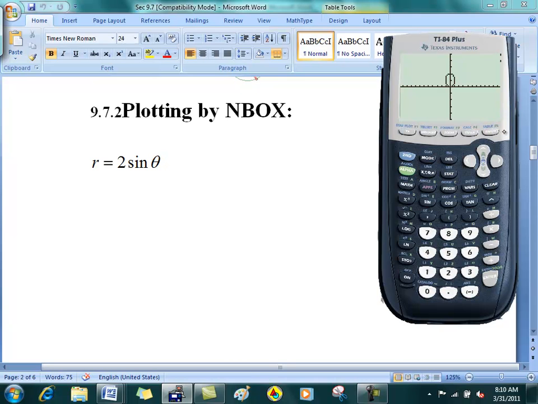It should really look more like a circle. When you set zoom square, then it has the x and y the same units, so then it starts looking like a circle. But anyway, the idea here is to teach you how to use the polar mode of the 84. Is everybody okay on that? Does anybody want me to come around and take a look? Audrey? You okay?